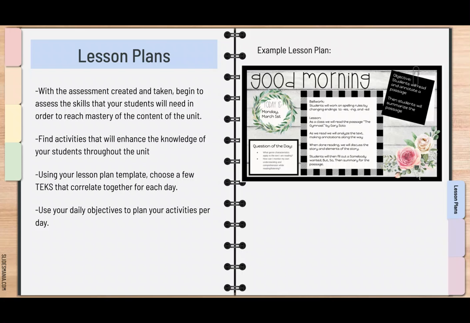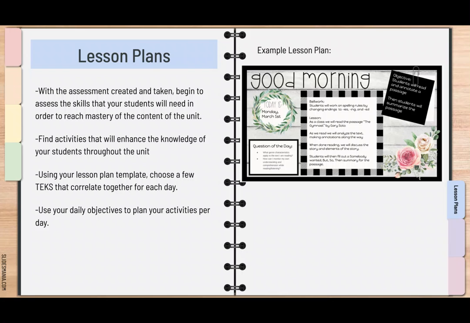For the lesson, the class will read the passage The Gymnast by Gary Soto. As they read, they will analyze the text, making annotations along the way. When they are done reading, they will discuss the story and elements of the story. And then students will fill out a somebody wanted but so then summary for the passage.